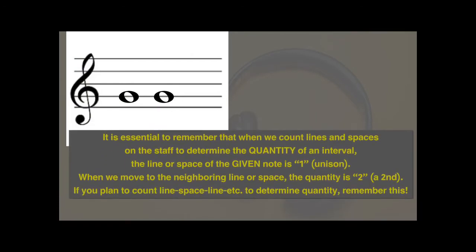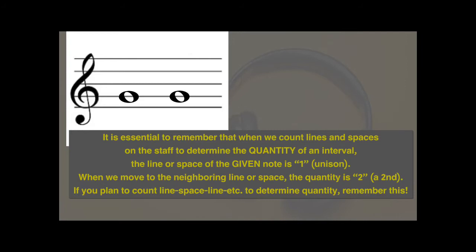It is essential to remember that when we count lines and spaces on the staff to determine the quantity of an interval, the line or space of the given note is 1, or unison. When we move to the neighboring line or space, the quantity is 2, a second.